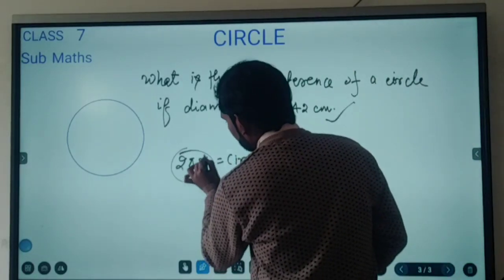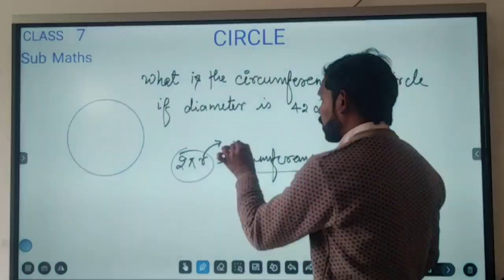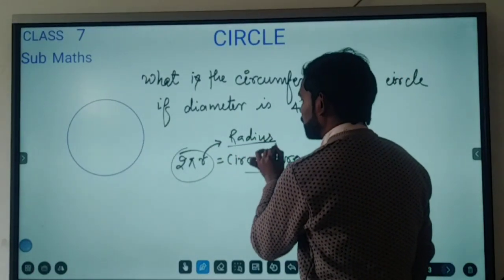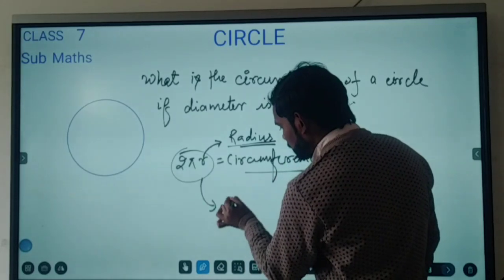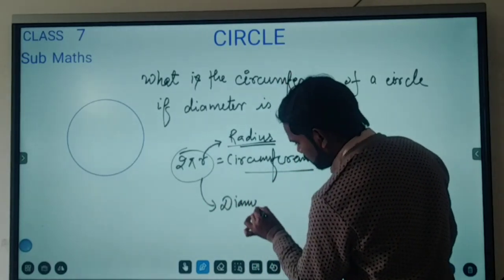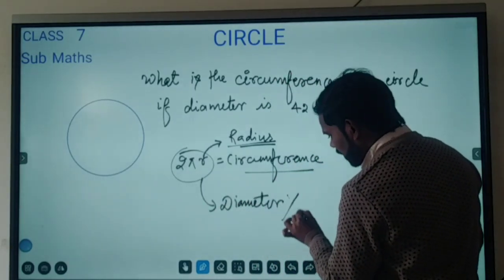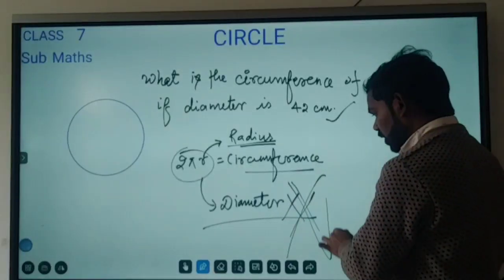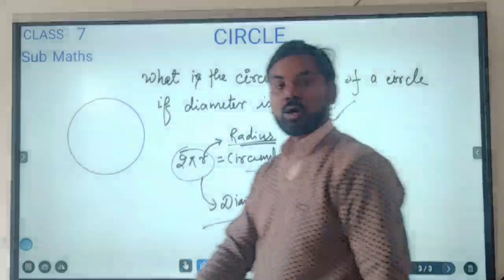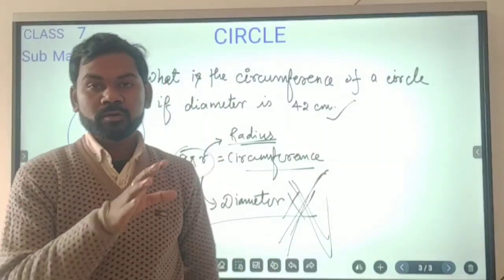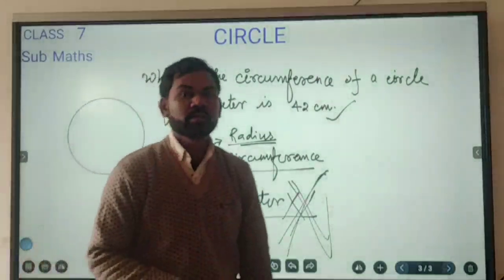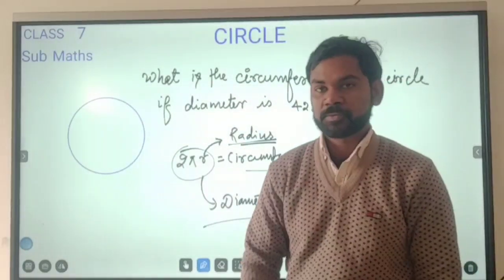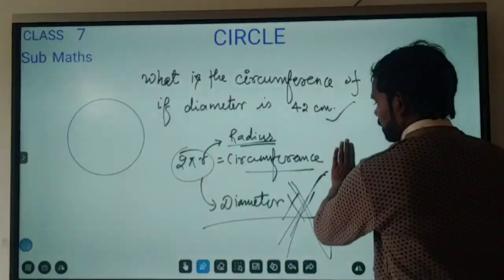Here in the formula we have the term radius, not diameter. So in order to find the circumference of the circle, first of all we have to find the radius of the circle.